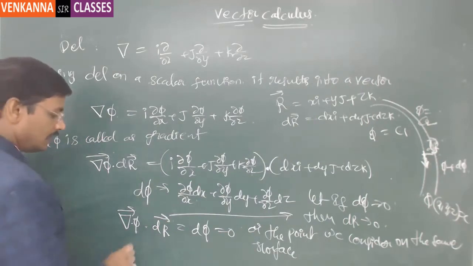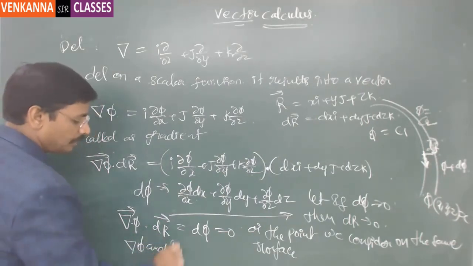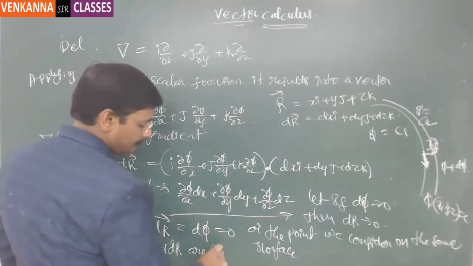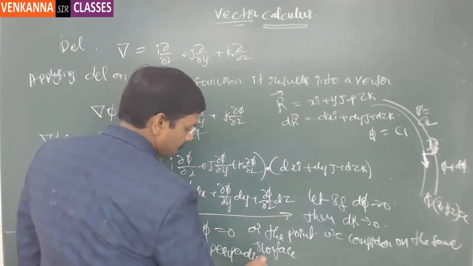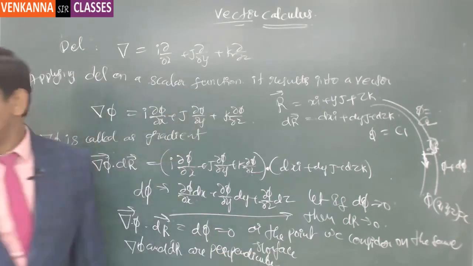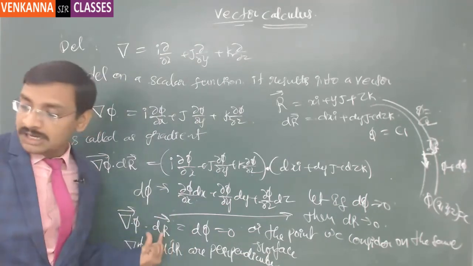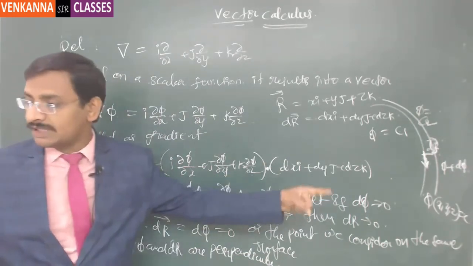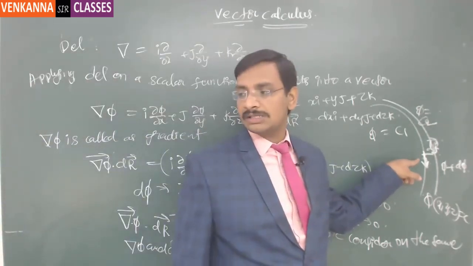That means del phi and dr are perpendicular. Correct or not? Del phi and dr should be perpendicular to each other, where dr is nothing but a vector on the surface itself, because the initial point and the changed point are considered on the same surface.